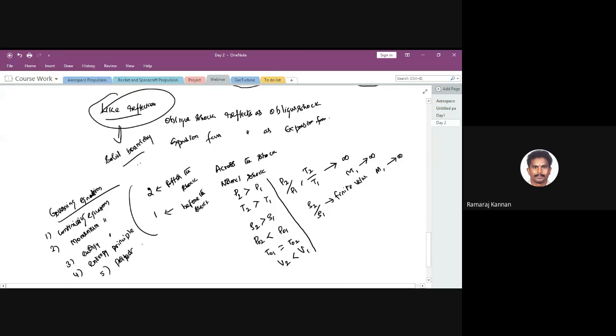That is, you are treating the gas as a perfect gas approximation. These are the governing equations.